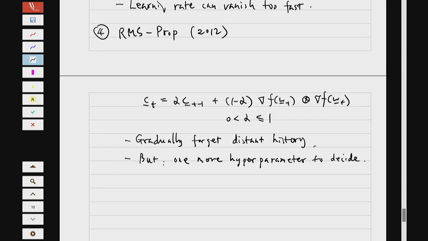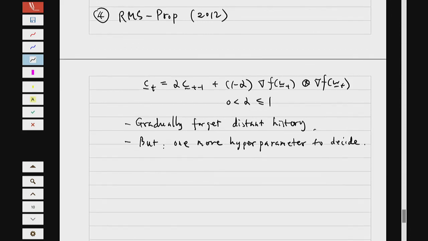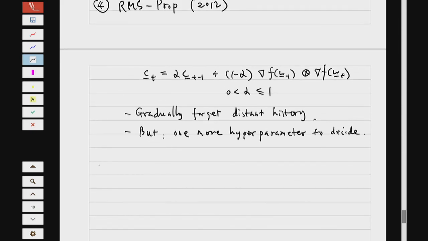Yeah? And hyperparameter tuning is time-consuming and very annoying as well. Very often you tune the hyperparameter for one application, it does not work for another one. For one neural network, it does not work for another neural network. So very messy stuff. But you have to pay if you want to forget the history.